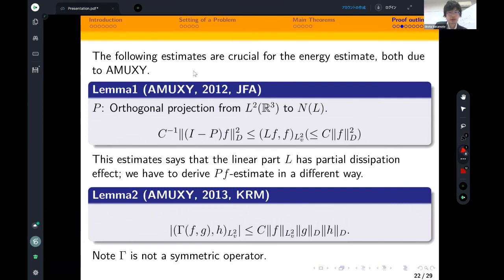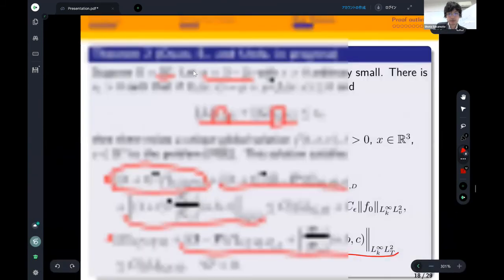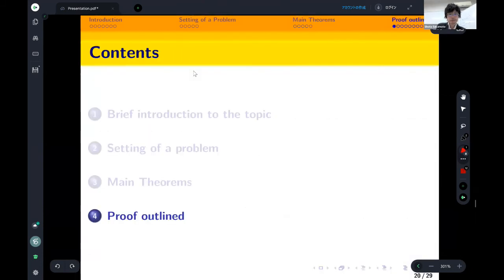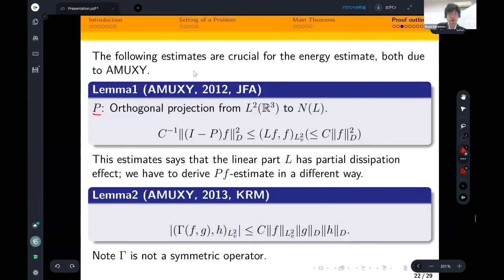The one is capital P. I should have said that this capital P was in the theorem. This P is the orthogonal projection from L2 to the null space of L, or the zero eigenvalue part of capital L, the linear operator.